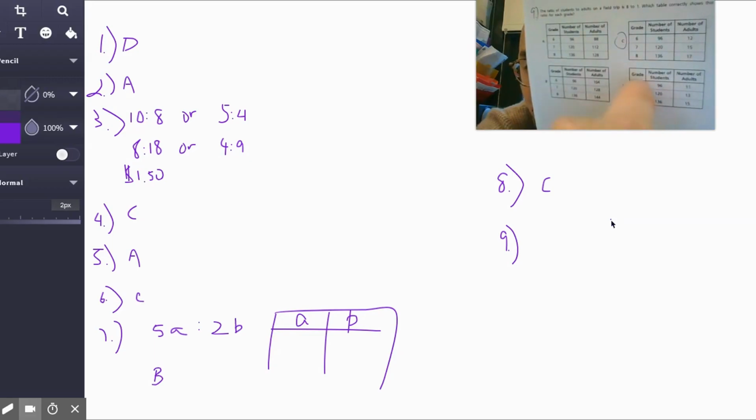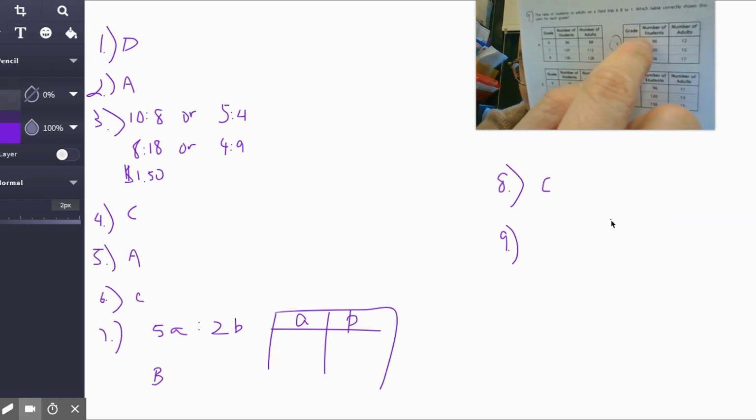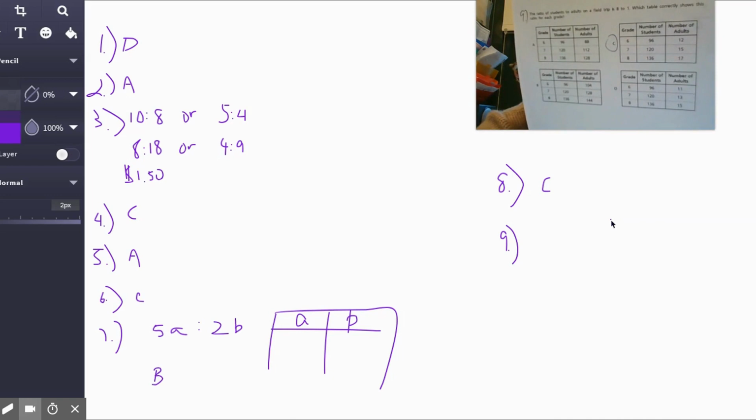So A and B are no good. You can cross those out. Now look at C and D. I realize that for C, if you reduce all of them, they're 8 to 1. So I think that's it.